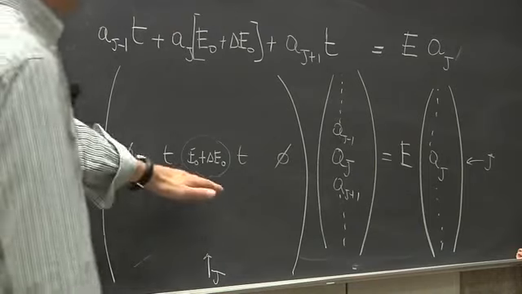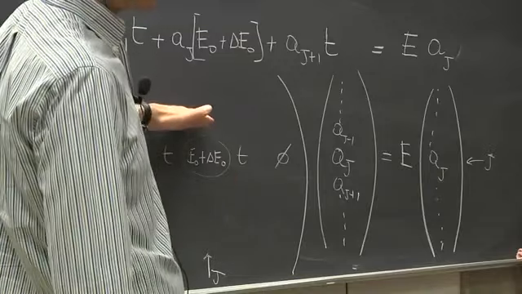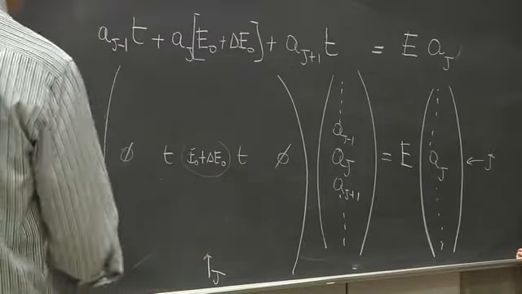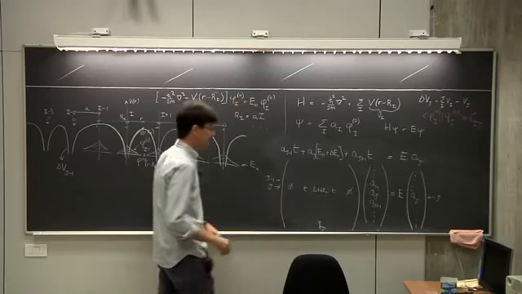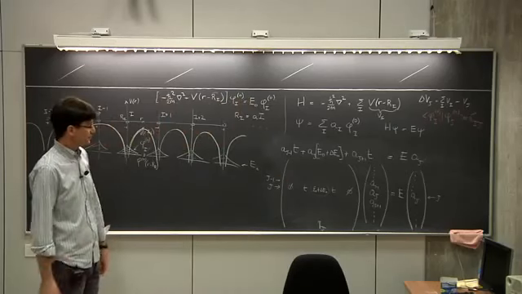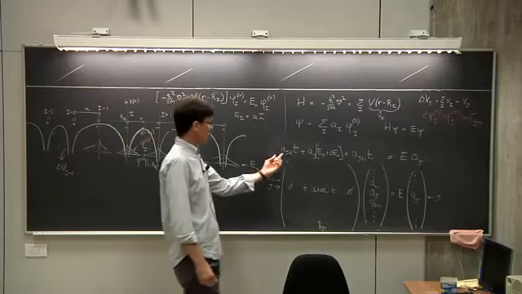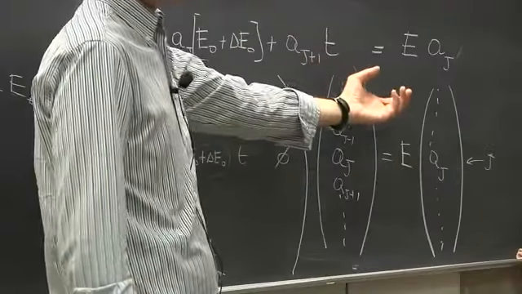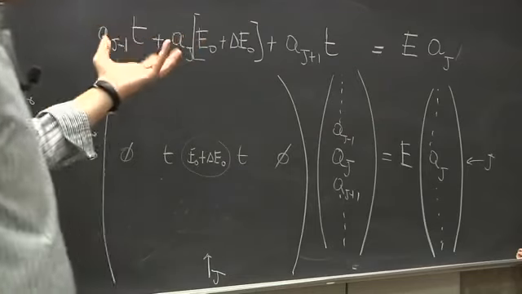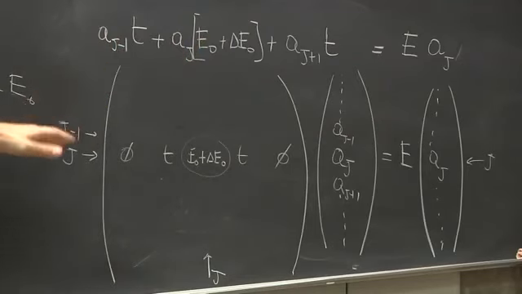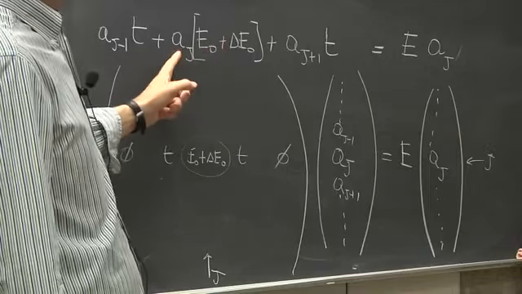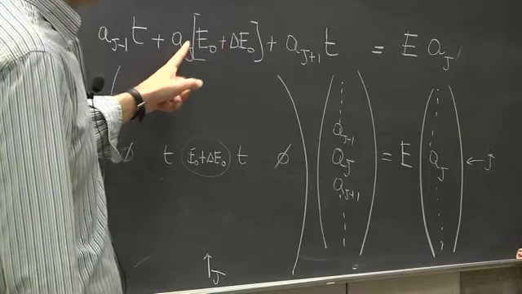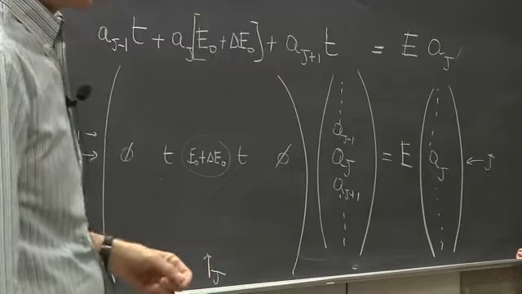Now, what if I move one step up, for example? I go to row j minus 1. Once again, there was no reason why j was j. This is true for any j. So if I go to the previous one, it will continue to be true that the central term will be the one with E0 plus delta E0.